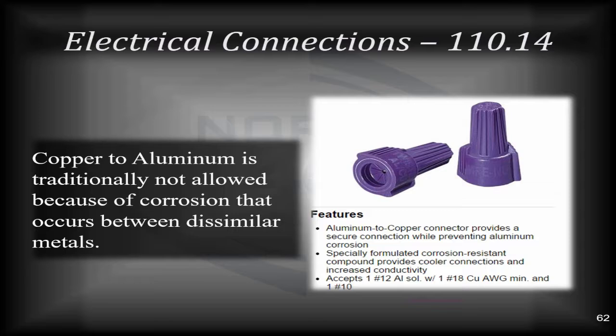So this is one indicator that should be pretty widely known for you already: putting aluminum to copper is not acceptable in all matters, but there are some circumstances and some fittings that you can use.